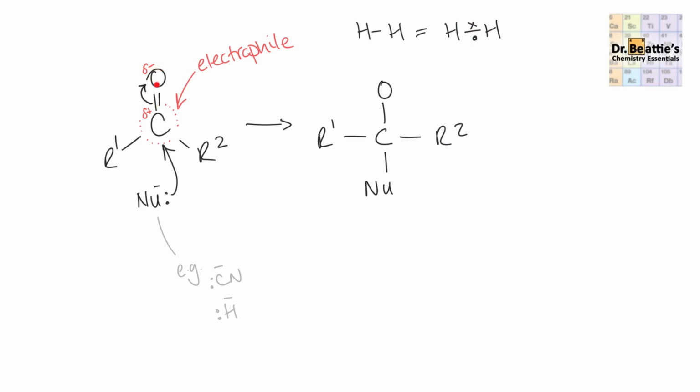Now the oxygen was neutral here, but now it has 2 extra electrons. It is negatively charged. Obviously, we have carbon now with only 4 bonds around it. So that's a top tip to always check whatever you draw, carbon always has only 4 bonds around it.